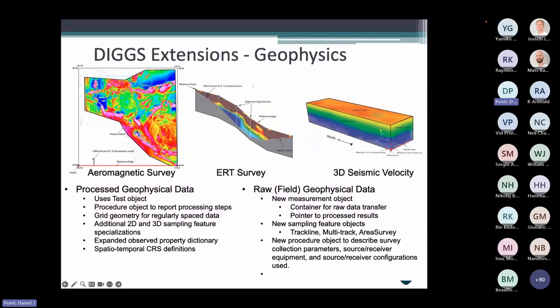We also have those structures for 2 and 3D, and then we have a container object for carrying raw geophysical data and a procedural object that allows us to represent the metadata associated with a field survey, including source receiver geometry, source receiver configurations, and those equipment types.